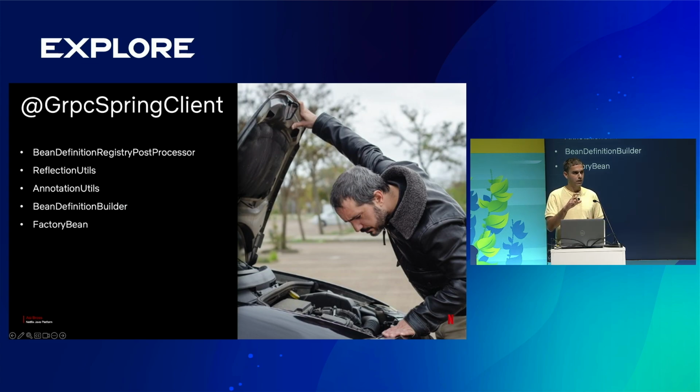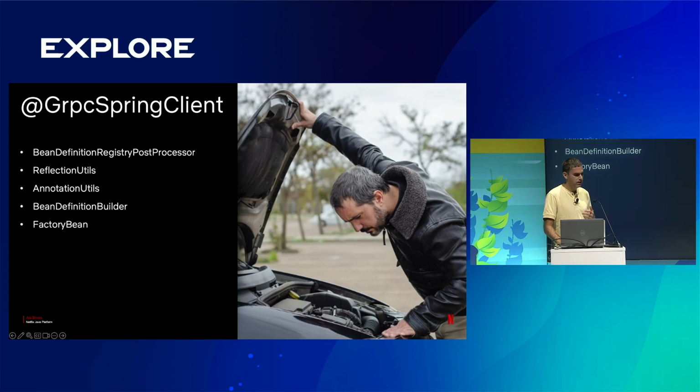So if you have classes annotated with @Component, or if you have in your configuration class methods annotated with @Bean, these all translate to bean definitions and are available for hooks like the BeanDefinitionRegistryPostProcessor.